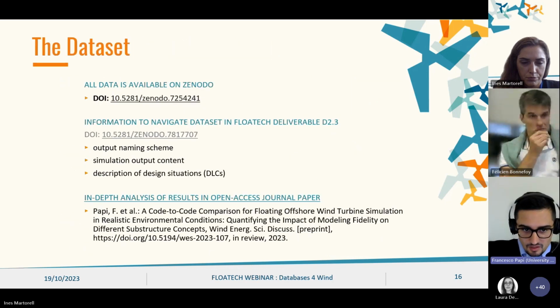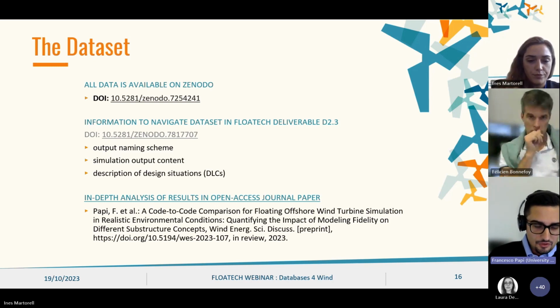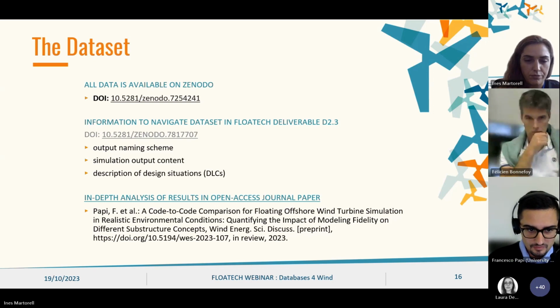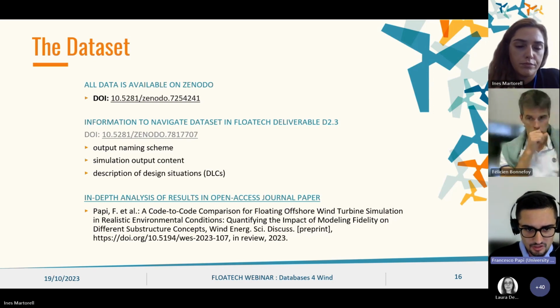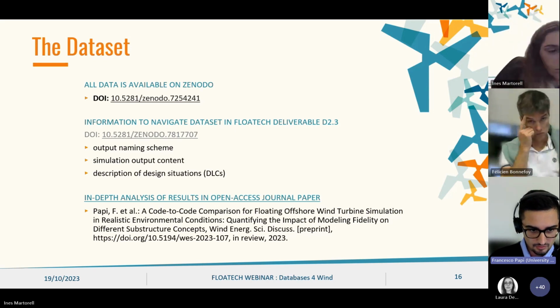As I said, the whole data set is available, and you have the link there for your reference. All the information to navigate the data set is available in deliverable 2.3 of the project, and this includes the naming scheme of the outputs that you will find in the data set, the content of each simulation, and the description of the design situations that we simulated.